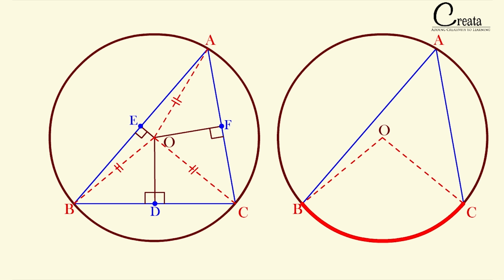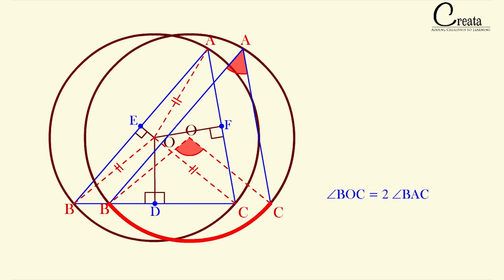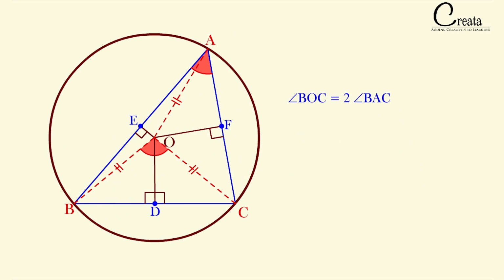Here this arc is subtending the angle BOC at the center. O is the center, that is the circumcenter, and the same arc is subtending the angle BAC at the point A on the circumference of the circle. So as per the fundamental, can we say angle BOC is equal to twice of angle BAC? This is the formula, and this is a very important formula. Direct questions are generally asked in the competitive exams.